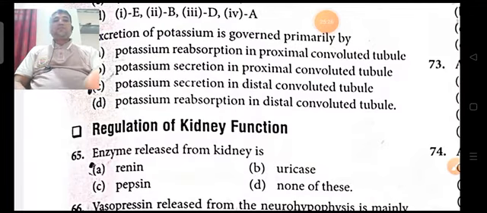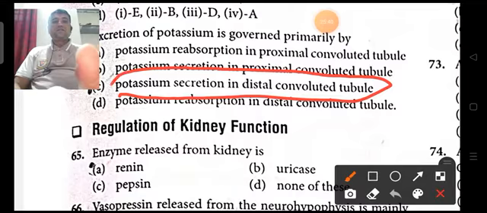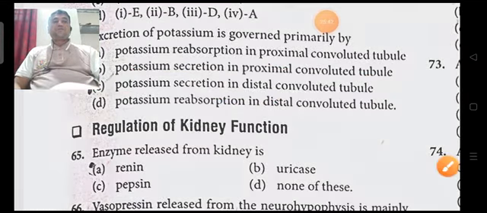So in the DCT potassium is going to be secreted. K plus ions are also going to come out. So here option C, potassium secretion occurs in the distal convoluted tubule.